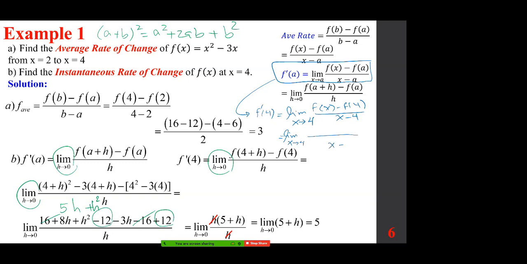The numerator f of x is x squared minus 3x. Then f of 4, I hope you remember that f of 4 is 16 minus 12, or minus 4. Okay.